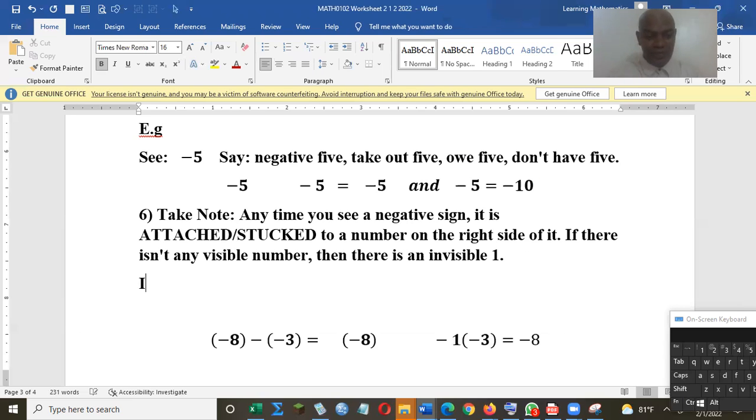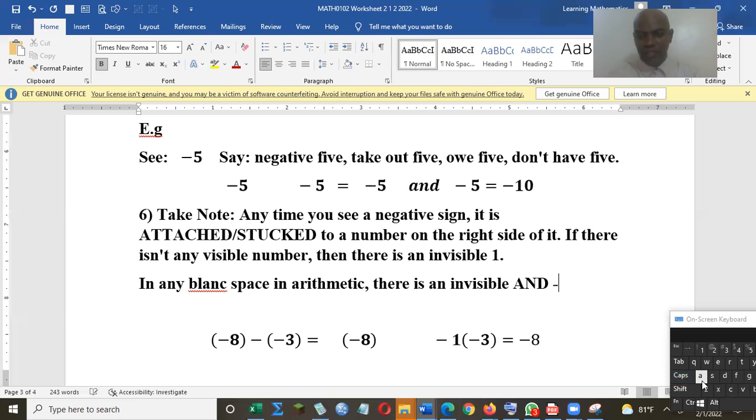In any blank space in arithmetic, there is an invisible and, and 'and' means we say a plus.